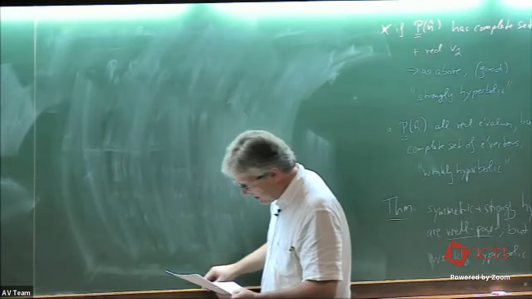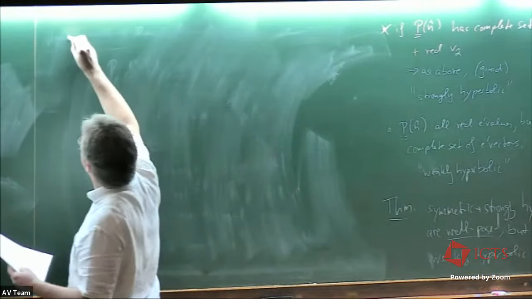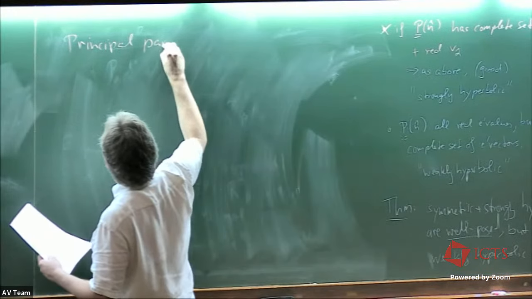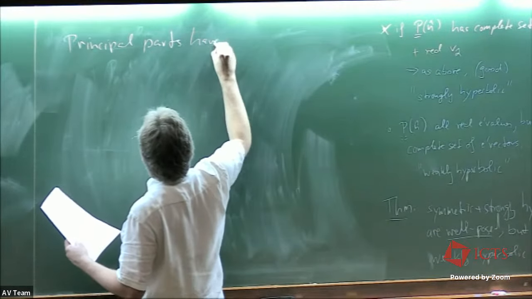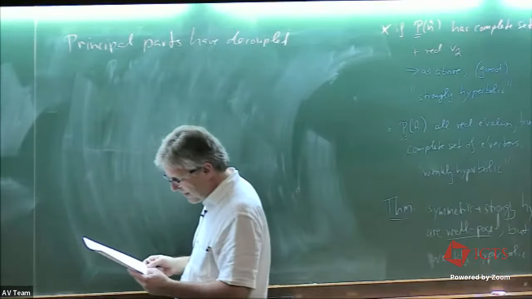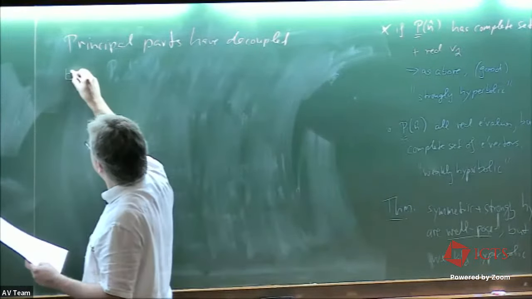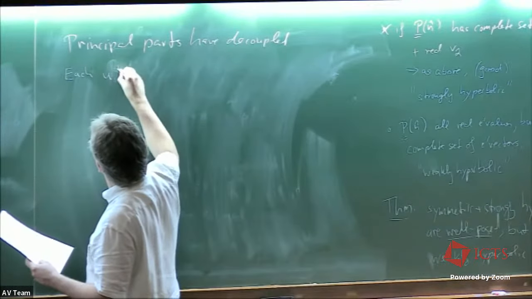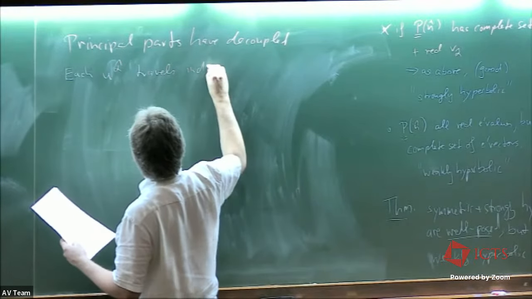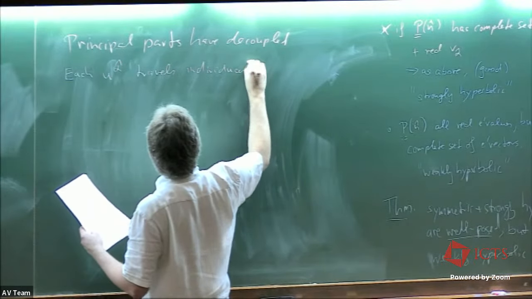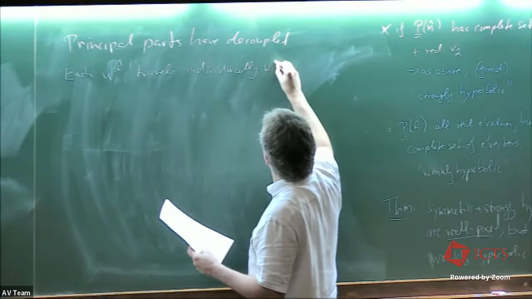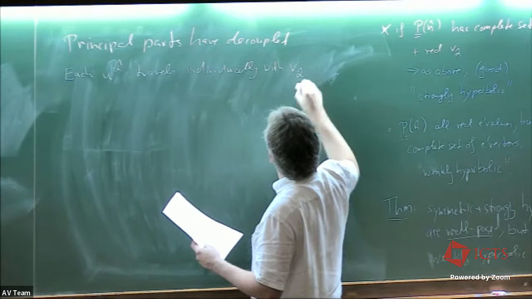So let me put this on the blackboard. The principal parts have decoupled. And each u alpha travels individually with its own speed v alpha.